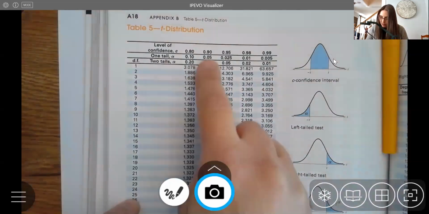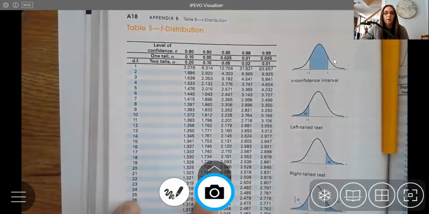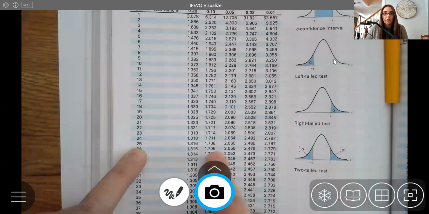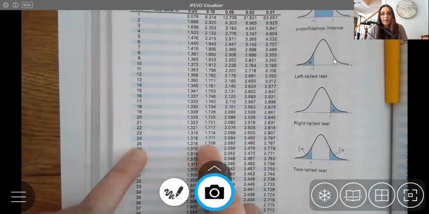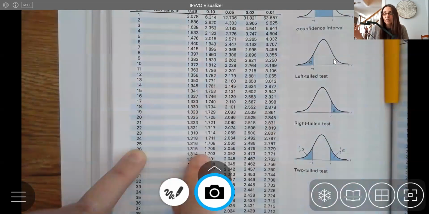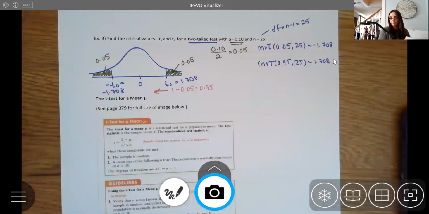So if you go down here, you see that it does match with that 1.708. So if you have 2 tails, then you just take the 1.708 as a positive, and then you take the negative 1.708 as well. So this table always gives you the positive answer. So sometimes you may have to take the negative instead if you have 2 tails or if you have a left-tailed test. So those will be our critical values there.